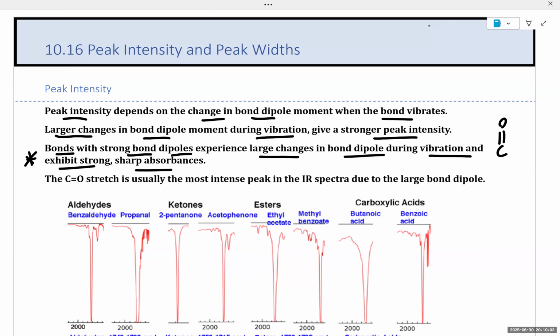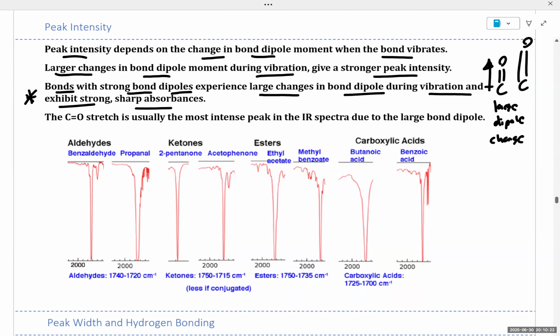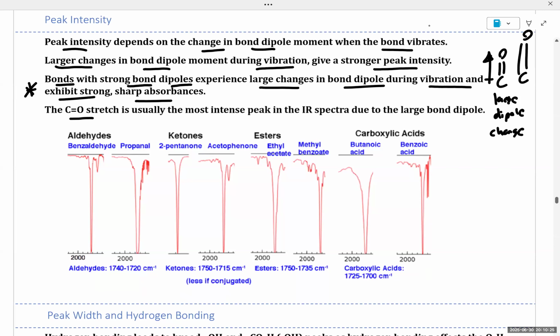For example, a CO bond is a highly polarized bond. So as it bends and stretches, you have a large dipole change. The reason why I'm specifically talking about the CO stretch is that the CO stretch is usually the most intense peak in the IR spectra due to the large bond dipole change.